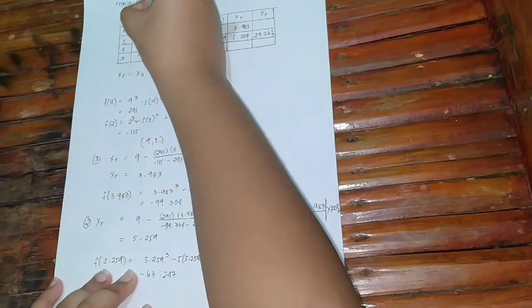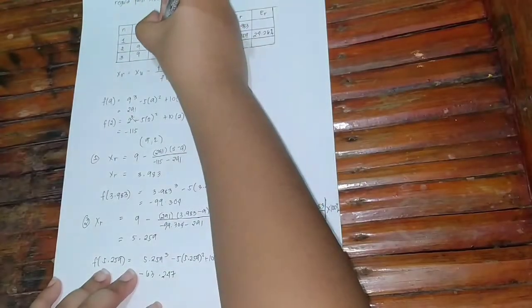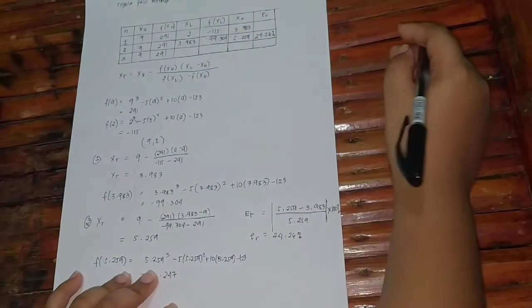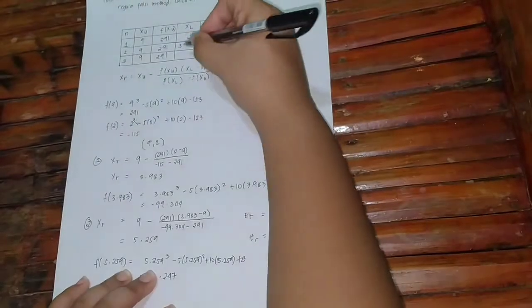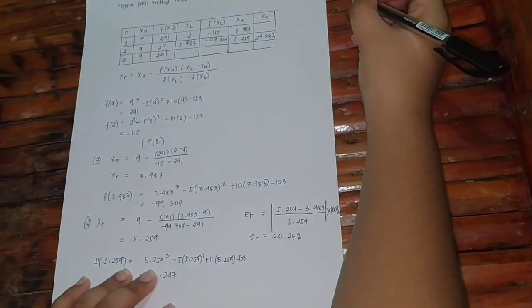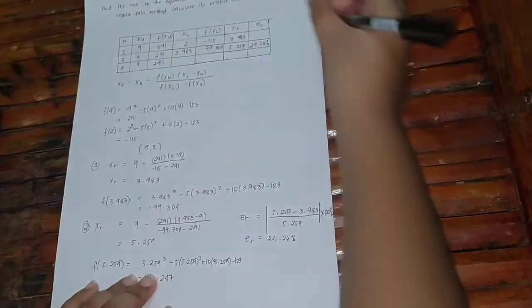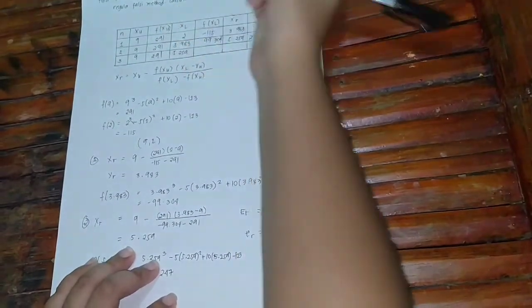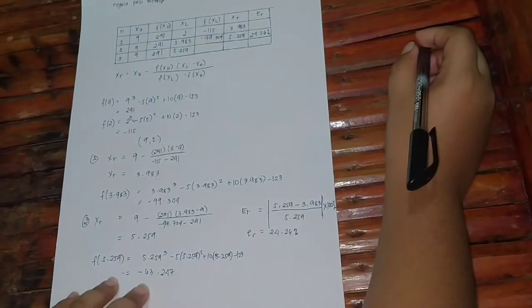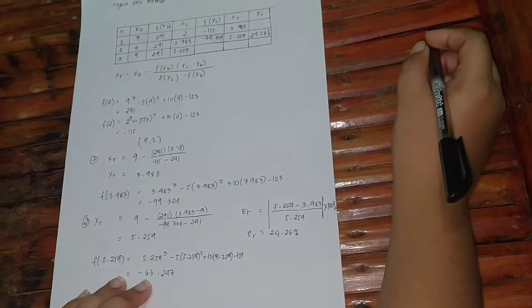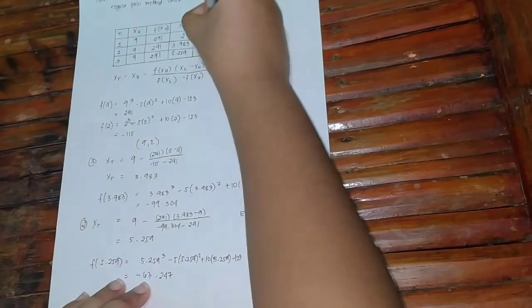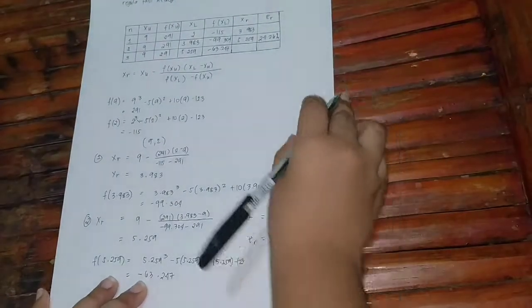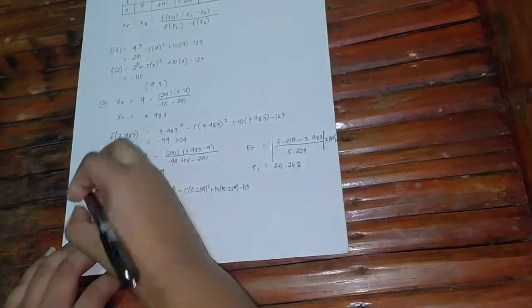So we'll put again here the upper still 9, the f of x of u still 291, the new x of l 5.259, and the f of 5.259 is negative 63.247.